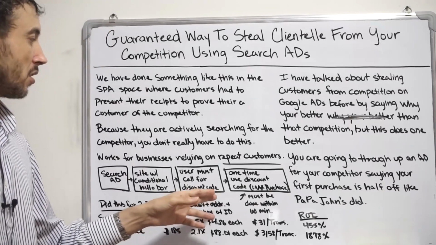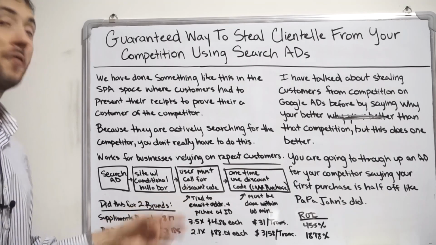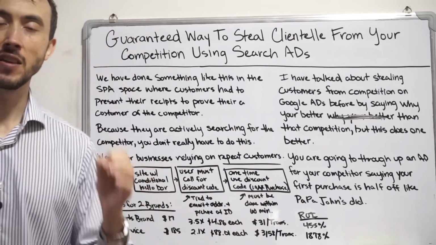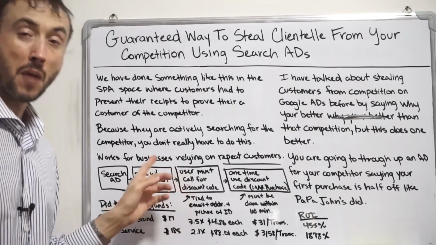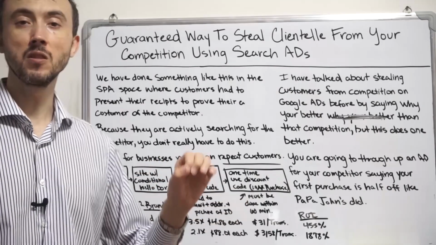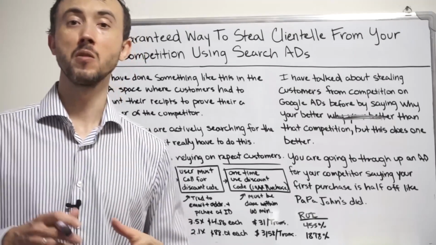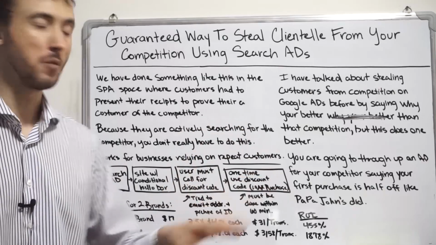And so with all that said, other things to mention here, if you're worried about people abusing this, coming back and using it again, the main way that you can prevent that is by having the person call. This allows you to check your customer database before you hand out the discount code, which is the main reason why you have them call for the discount code instead of just having it show up on the Hello Bar.